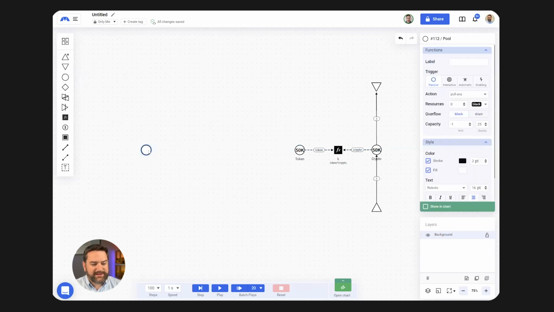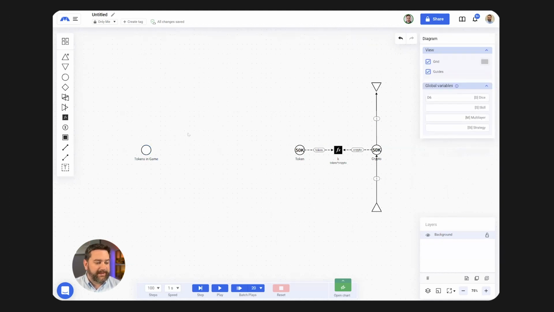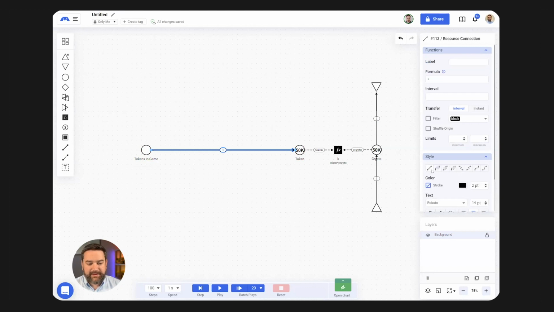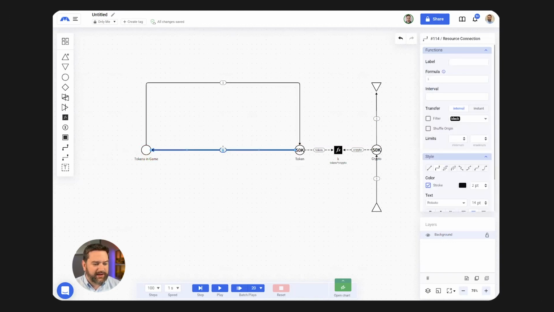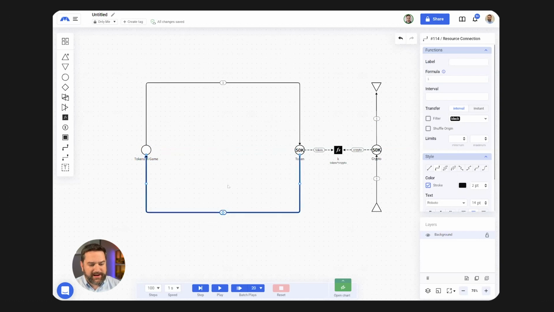I'm going to call this tokens in game. And these are going to come in to the top here. To try and keep it neat, I'm going to route these round so that they look like they're coming in. And then as we take them out of the AMM, I'm going to route them back around so they go back out to here.